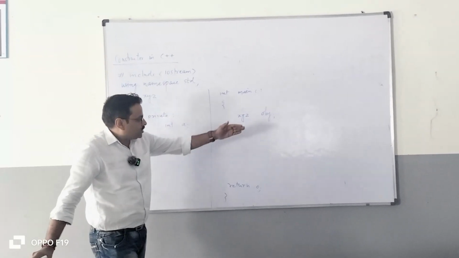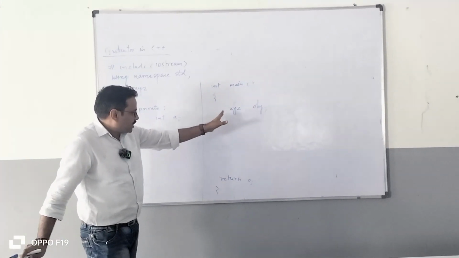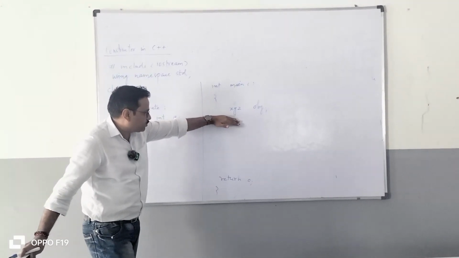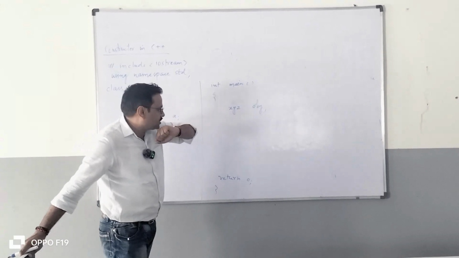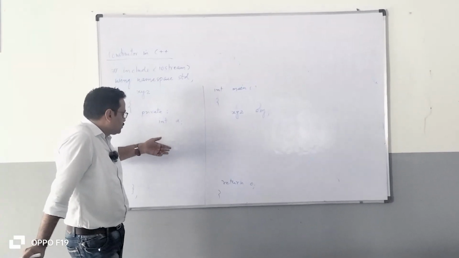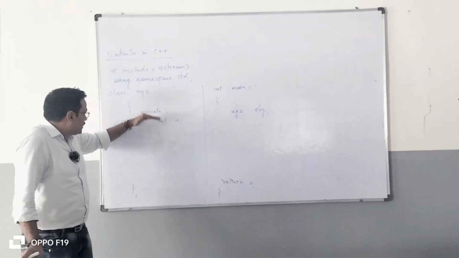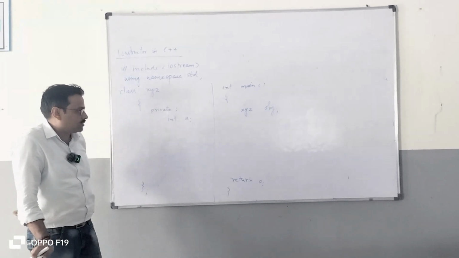So I am going to create an object in the main function, and when this program starts executing, this statement will be executed, and this statement is responsible to create this object. This object needs a constructor, and constructor is not here. So if the constructor is not defined or not declared inside the class, then default constructor would work.